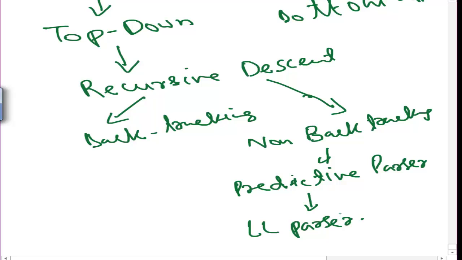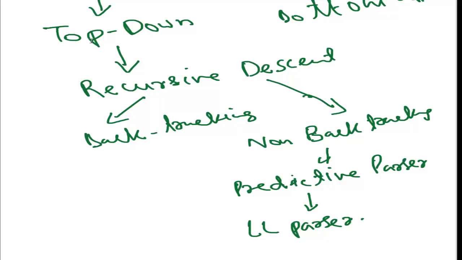So basically, in a top down parser we have two kinds: the parser with backtracking, and the predictive parsers.